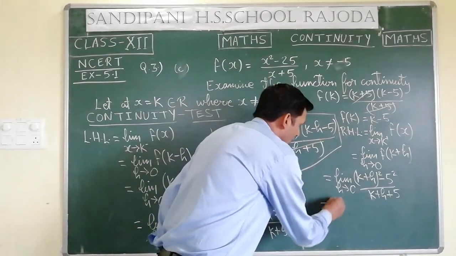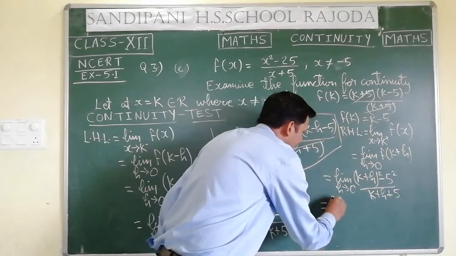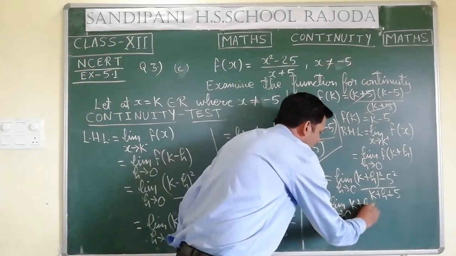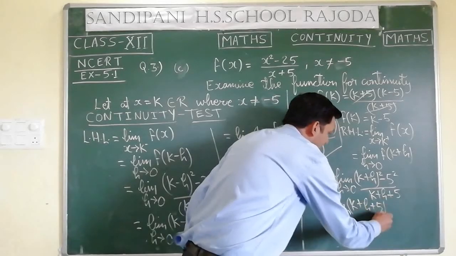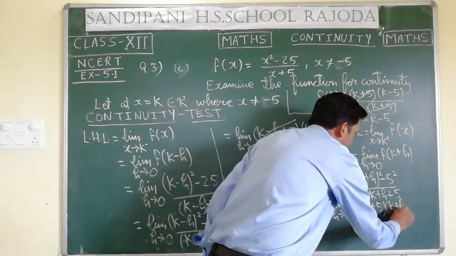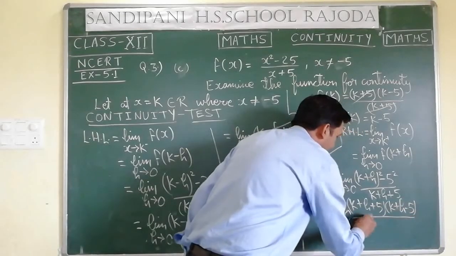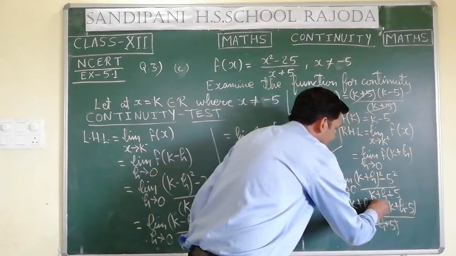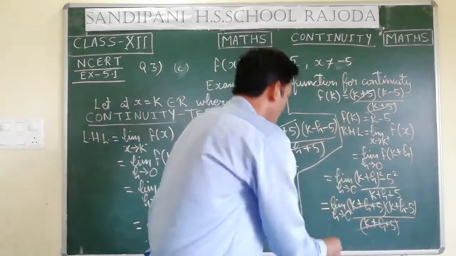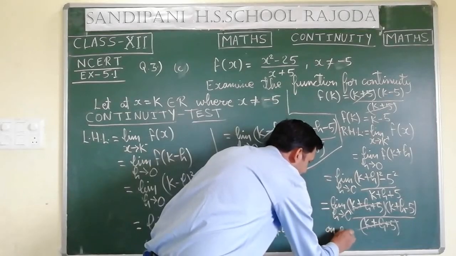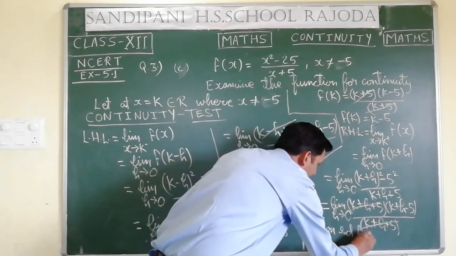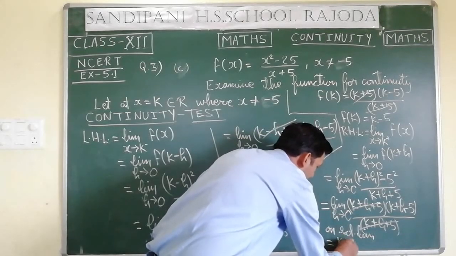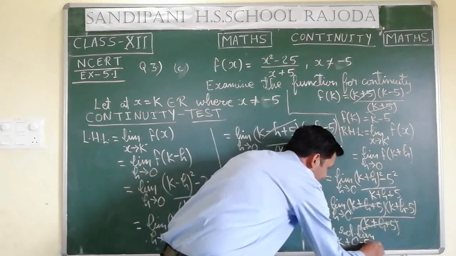So on solving this, it will become limit h tends to 0, k plus h plus 5 and k plus h minus 5, where k plus h plus 5 will be cancelled. So on solving the limit, this is again equal to k plus 0 minus 5, which is equal to k minus 5.